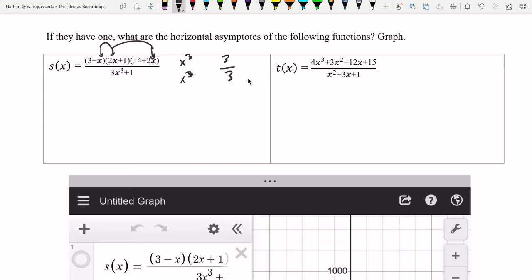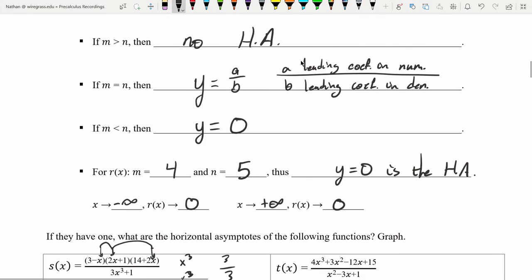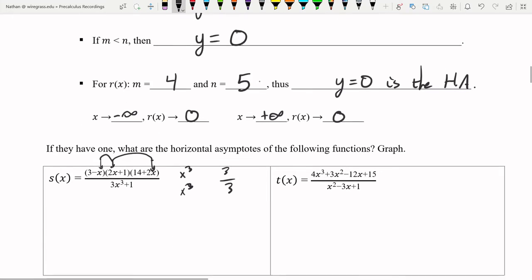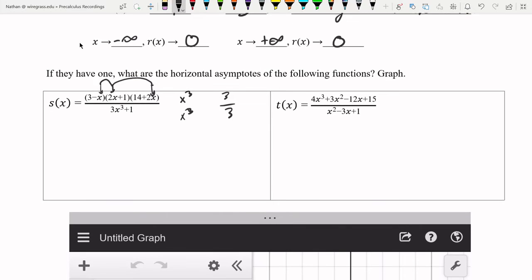That means we must look at a over b, where a and b are the leading coefficients. How do we find that? All we have to do is multiply the terms together. So we have negative x times 2x times 2x, which is negative 4x cubed.